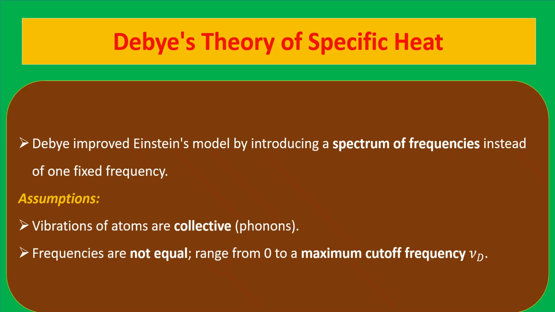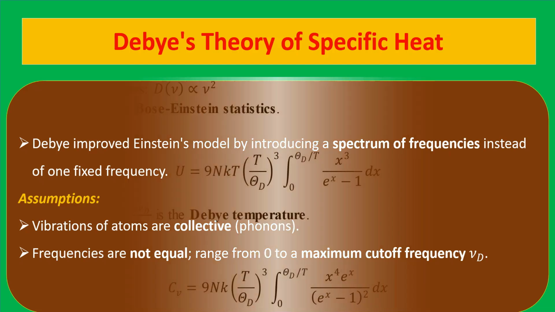So next, move on to the Debye theory of specific heat. Some of the assumptions we have to know: the vibrations of atoms are collective phonons, so the frequencies are not equal. In the previous Einstein theory, all atoms oscillated with the same frequency, but in the Debye theory the frequencies are not equal, they are different. They range from 0 to a maximum cutoff frequency.